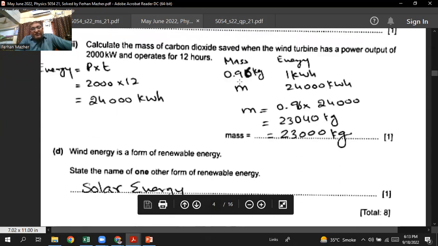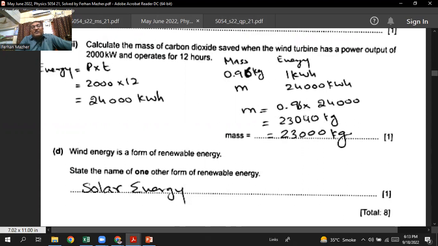This is a ratio, the proportion method. So the mass will be equal to 0.9 multiplied by 24,000. I hope you all understand this method of proportion. Just multiply this on your calculator and you get 23,040 kg. So that's 23,000 kg.